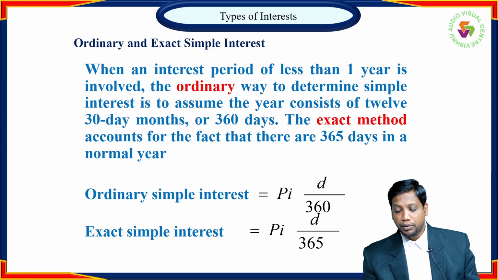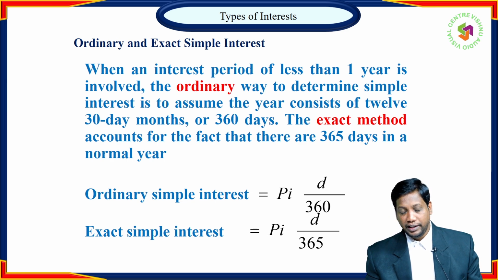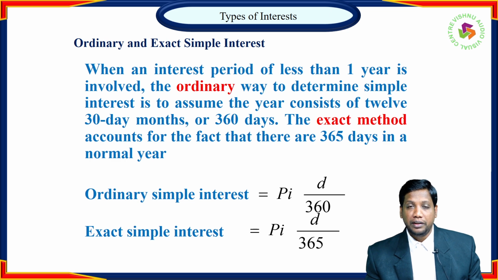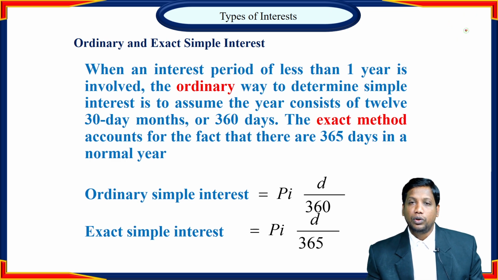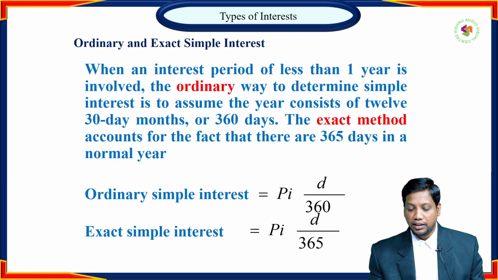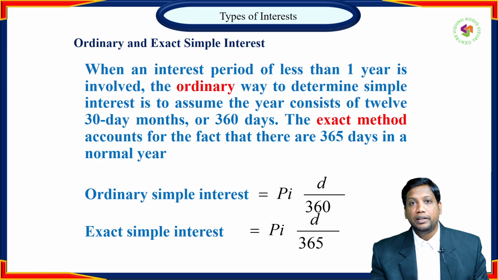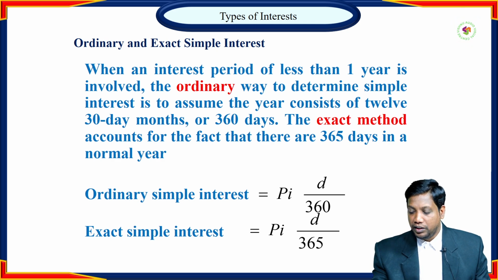Ordinary simple interest is calculated for 360 days, whereas exact simple interest is calculated for 365 days. This is the total amount accumulated for a given period of time, that is after 200 days or 300 days or 15 days, 20 days. So D is the number of days here.